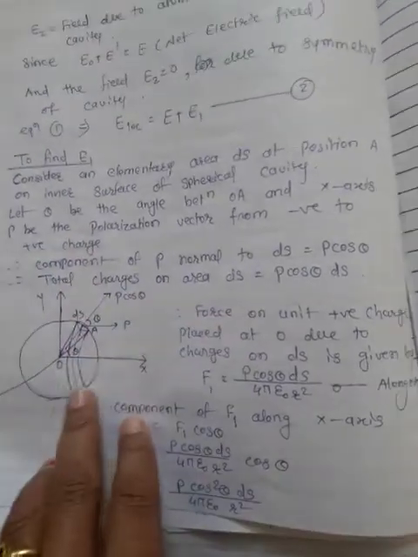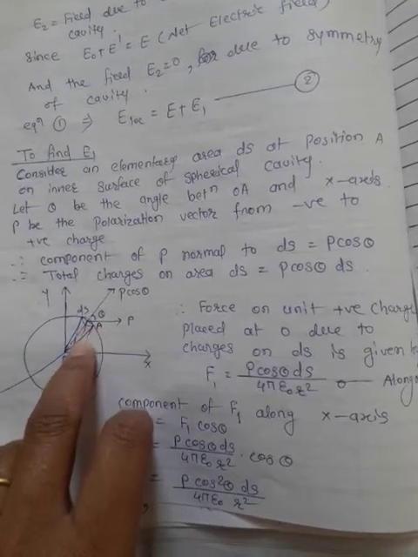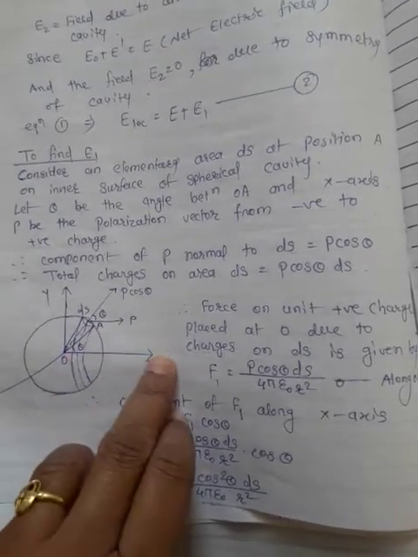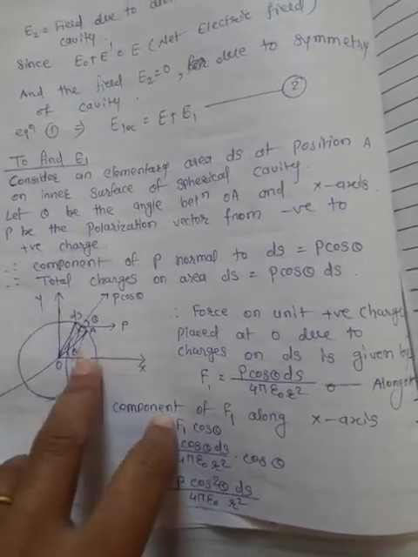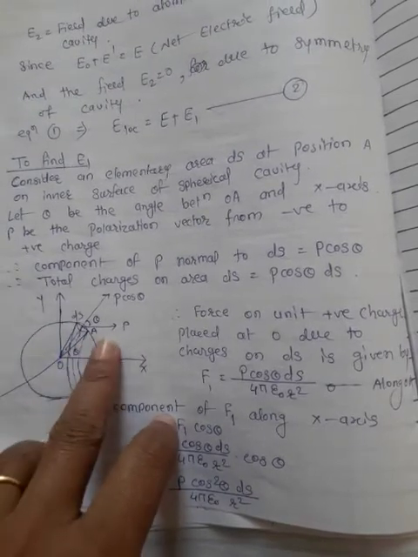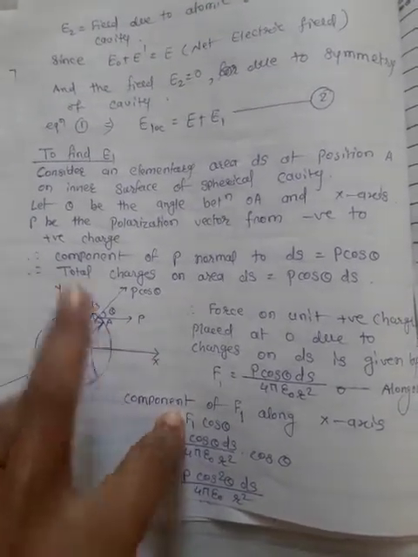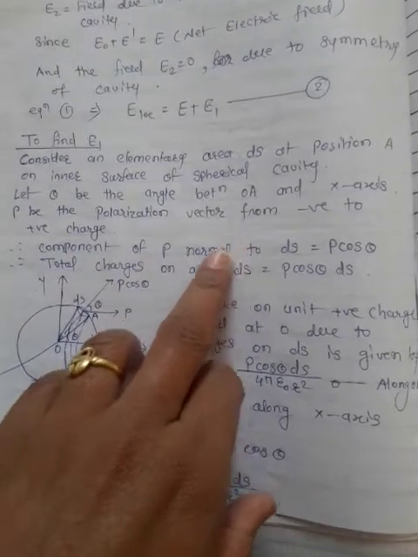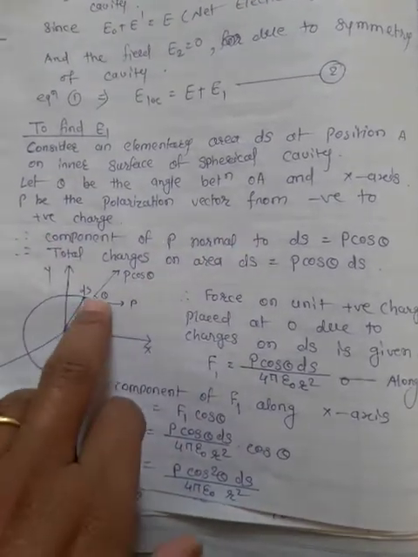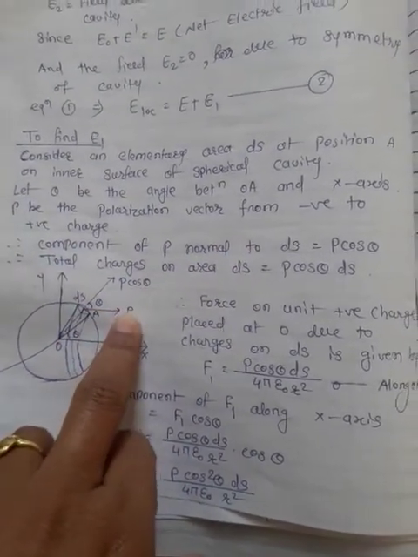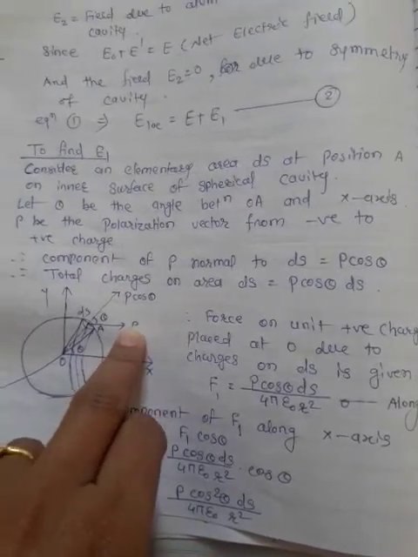Let theta be the angle between OA and the x-axis. P is the polarization vector from negative to positive charge.